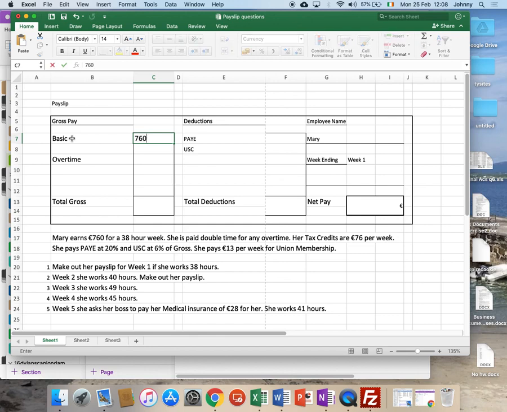Now, overtime. It says she's paid double time for any overtime. So what I'm going to do is, just to make it a bit easier for myself, I'm going to put it up here at the top, how I calculated this, and then I'll be able to put this into the OneNote at the end. Okay? So I need to be able to work out her hourly pay. I'm going to do 1 and you'll do 4.